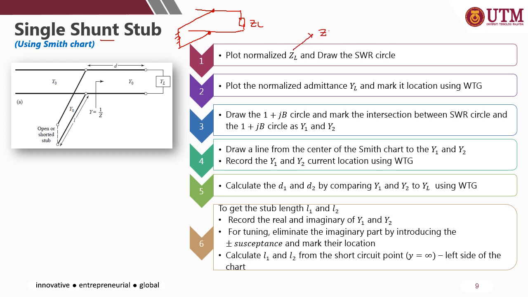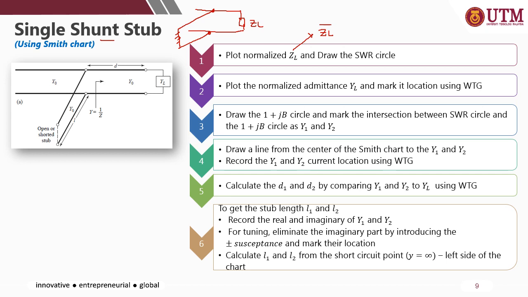So ZL, as usual, once we have ZL, we can find the normalized ZL and plot it, and as usual, draw the SWR circle from the center of the Smith chart, and then plot the normalized admittance. Admittance is on the opposite side of ZL.